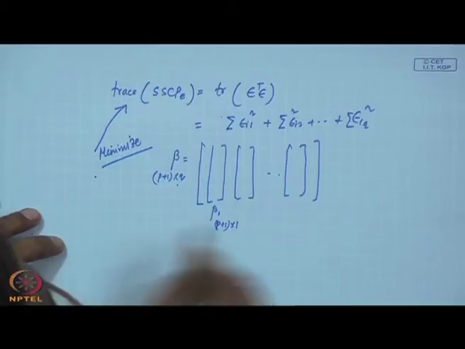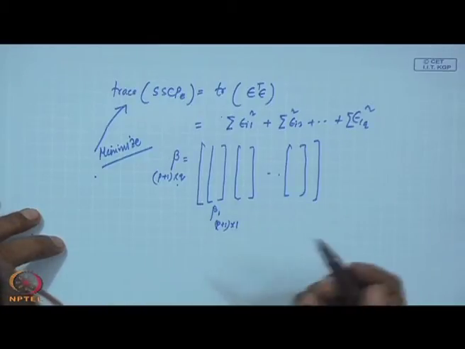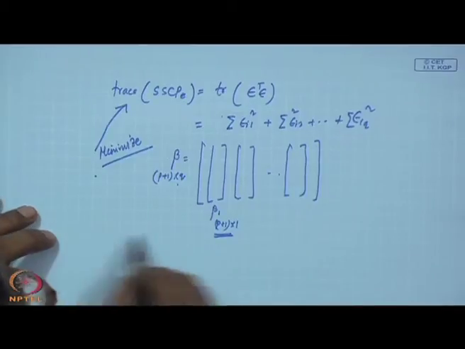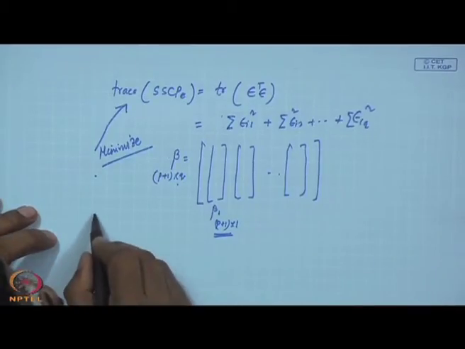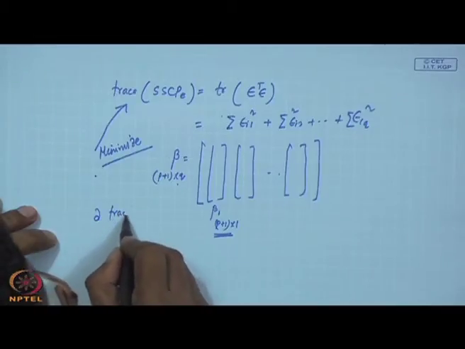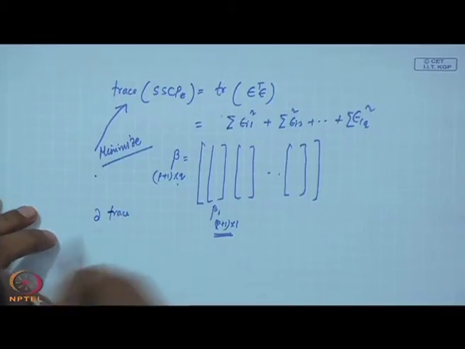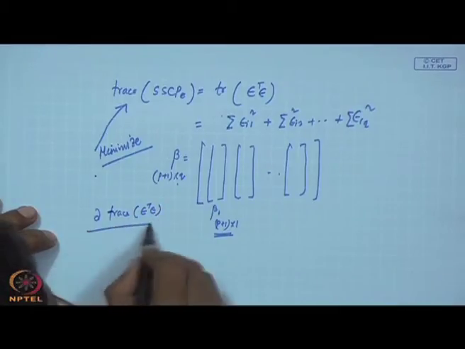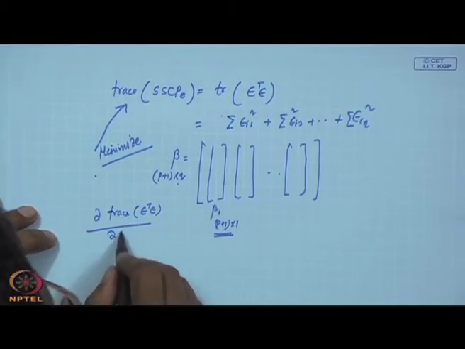So, what do we require? We will find the derivative of the trace of this with respect to a particular beta.